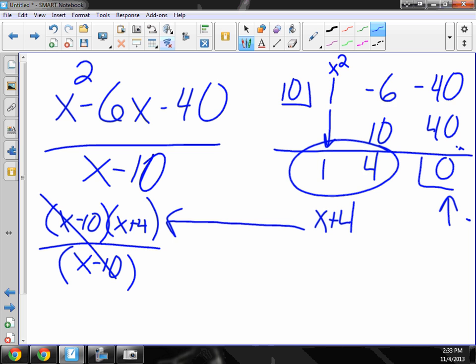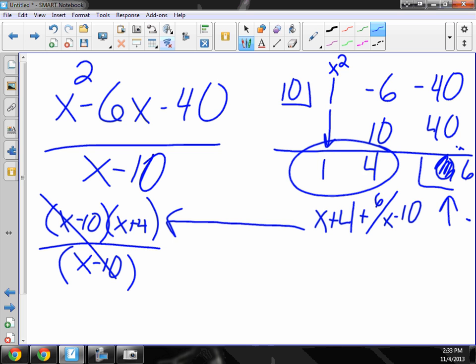If it says divide, and over here I got a remainder 6, then it would be x plus 4 plus 6 over x minus 10. Okay? So there's a difference between simplify and divide. Simplify means make it smaller if possible. Divide means tell me what it equals, whether or not it works, whether or not it's remainder 0.